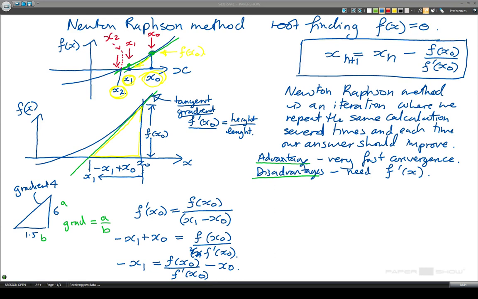So the other thing is a word of caution. Have to be careful. If you have a situation, for example, like this, with x and f of x, where it's something like this, if you start looking at x0 here, then you should be fine, and you should find this root quickly.